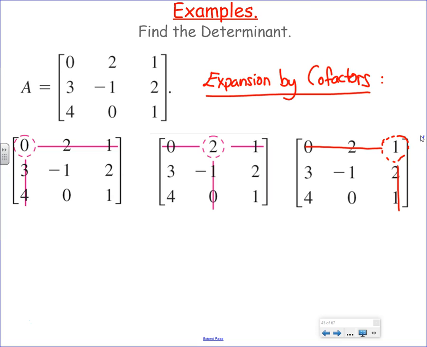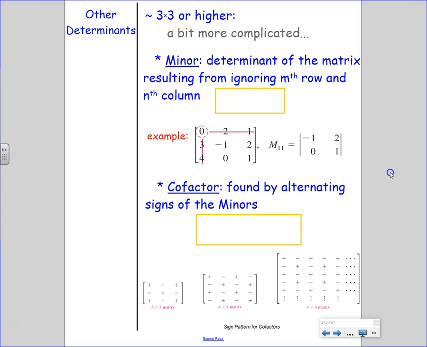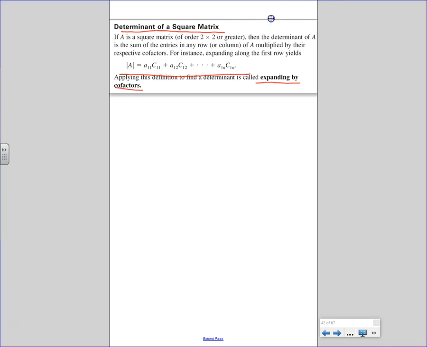Good. The pattern for this formula is that you take an entry, or all the entries actually, of any row or any column. And that's what the words meant right here, circling 0 and then 2 and then 1. That's what the paragraph meant when it said the sum of the entries in any row or column multiplied by their cofactors.